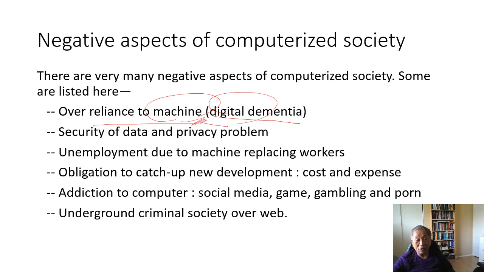That's okay while everything is running fine. But once, for whatever reason, you cannot use this computer system, then you don't know what to do. That's the problem. But more important and serious is the security of data and the privacy problem.